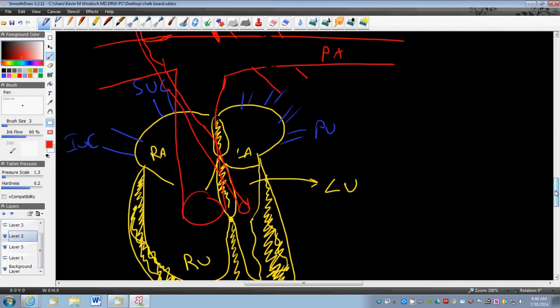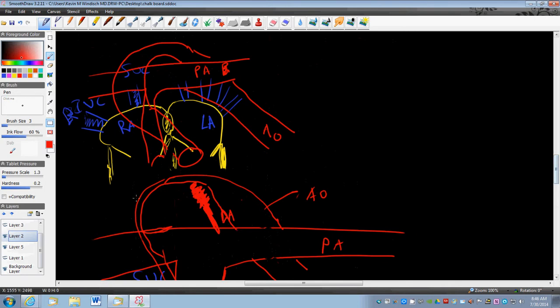The first problem is, remember that your takeoffs to the carotid and subclavian and brachiocephalic trunk are preductal.